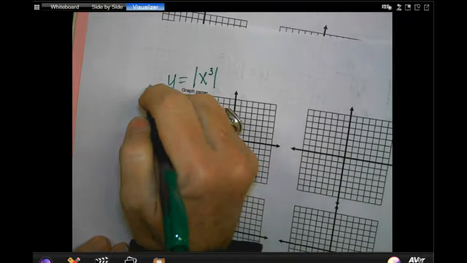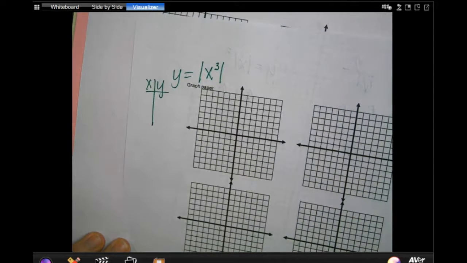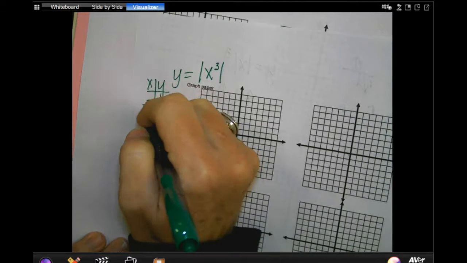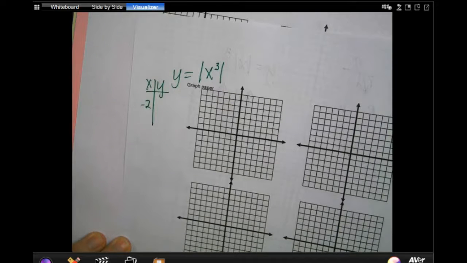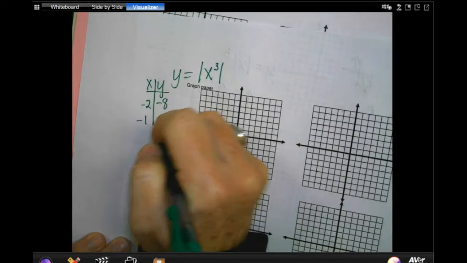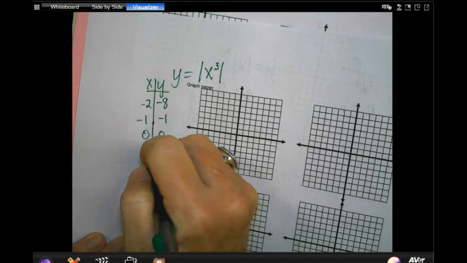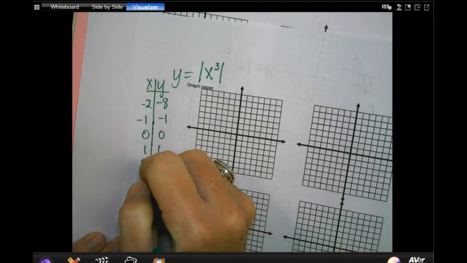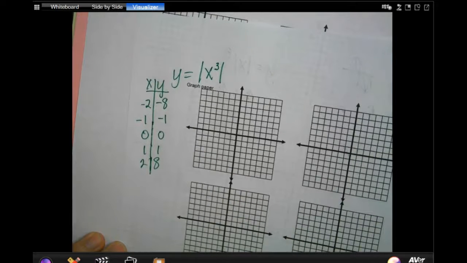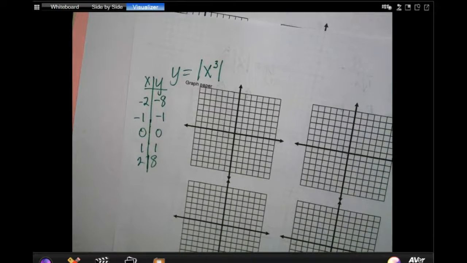But what I can do is pick some points. So if I pick -2, what is -2 to the third? -8. If I pick -1, it's -1. 0 is 0. Right.